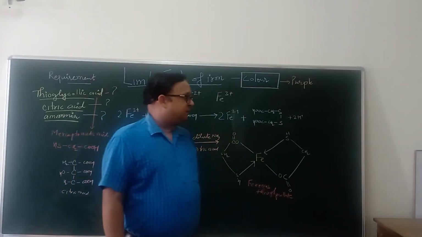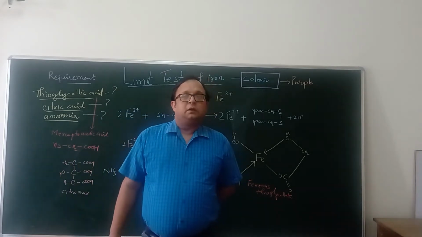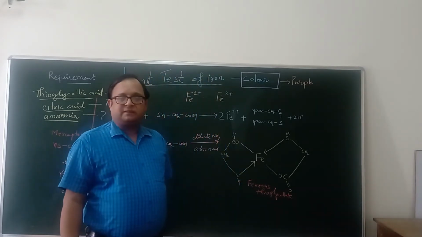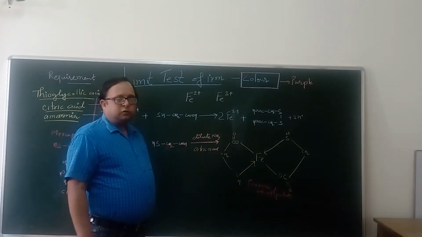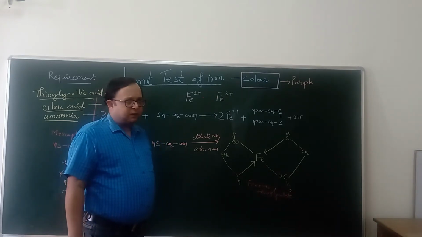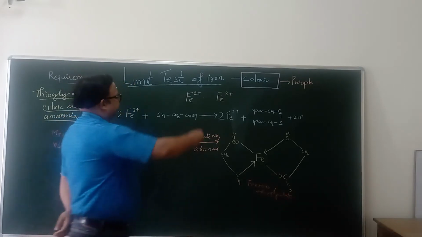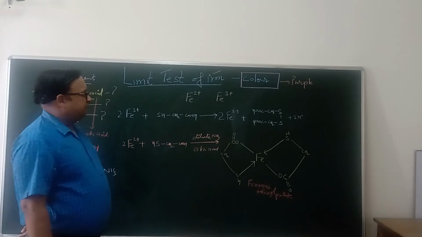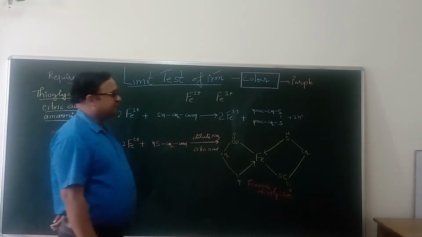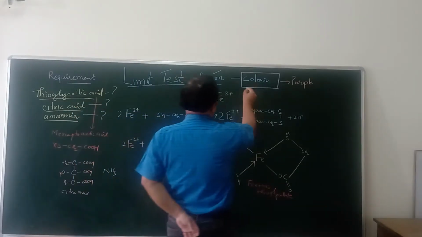अगर उन दोनों लिमिट टेस्ट को देखें तो both of them were based on the principle of opalescence and the turbidity. Now we are going to discuss the third limit test, that is the limit test of iron. This limit test is based on the principle of the color.